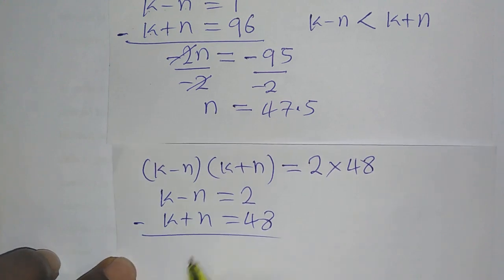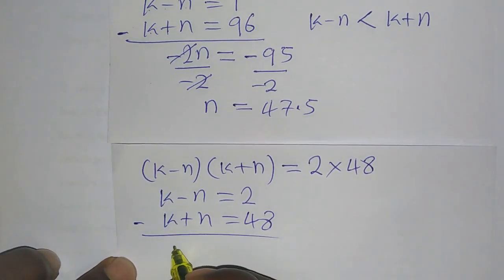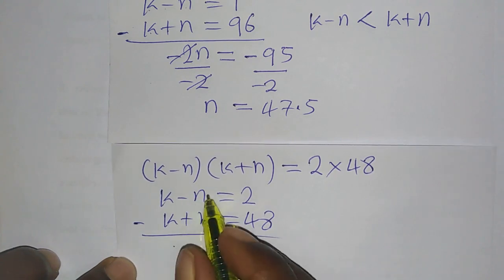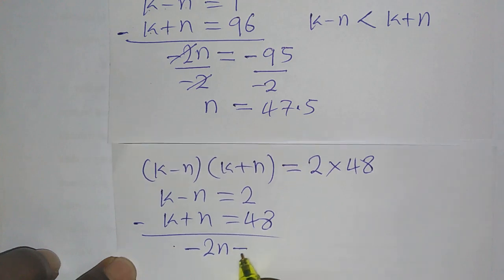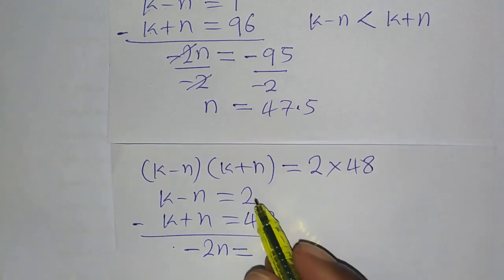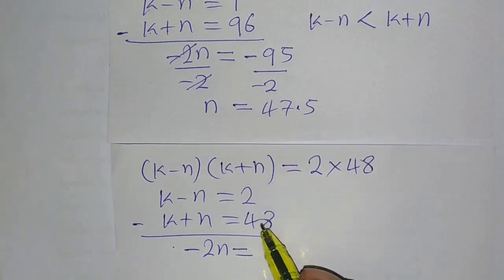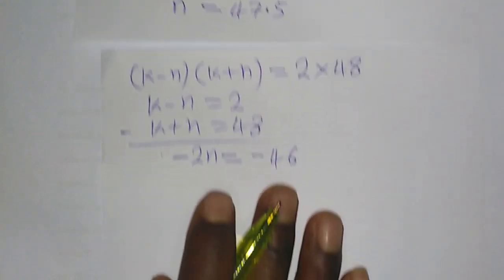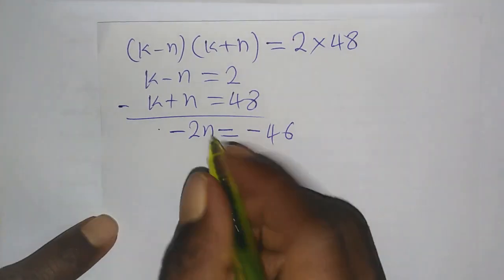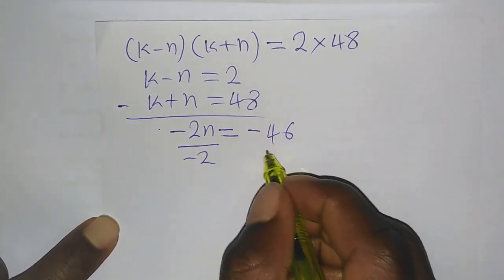If you subtract the two equations, k minus k is 0, minus n, we have minus 2n equal to 2 minus 48, here we have minus 46. Now to get the value of n, we divide both sides by minus 2.